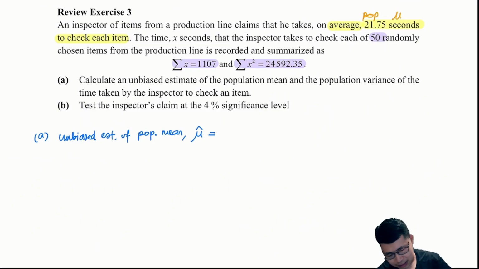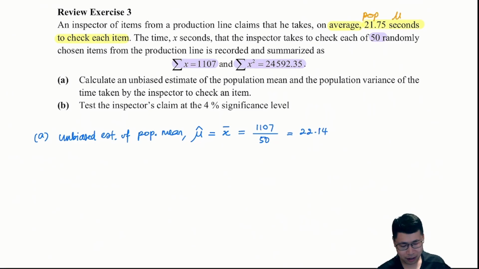In our syllabus, mu hat is equal to x bar, the sample mean. What is the sample mean? 1107 divided by 50, which gives us 22.14.